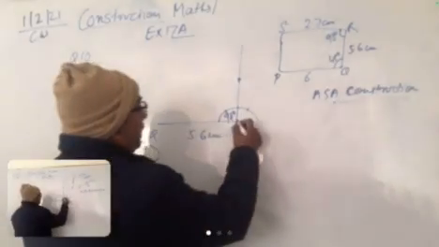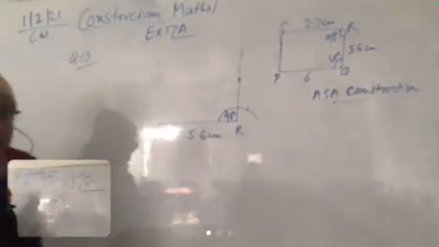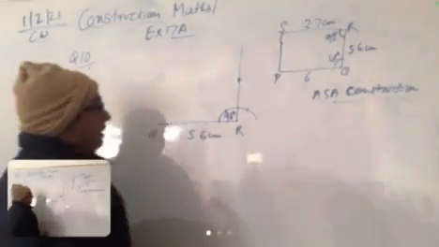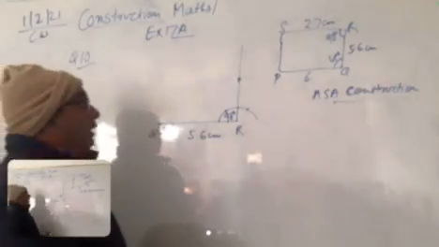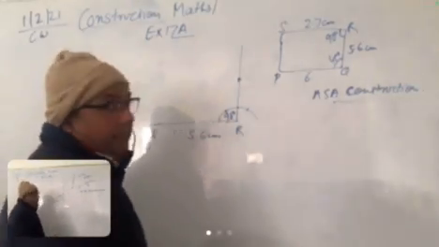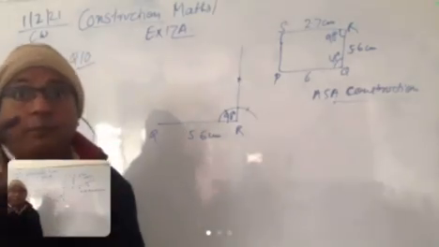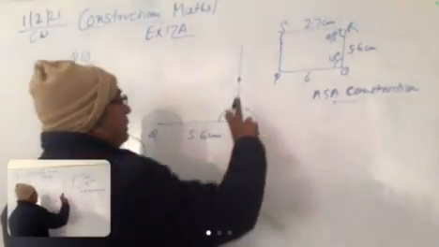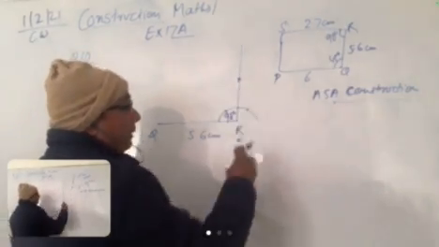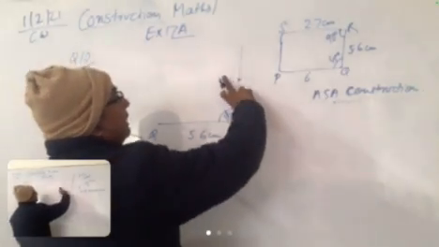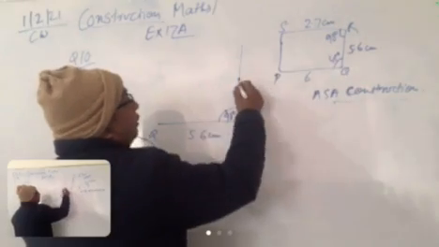From R we draw 90 degree angle, and now take a radius of 2.7 centimeter in your compass and put at R. R पे रखो और just cut this line that is equal to 2.7.